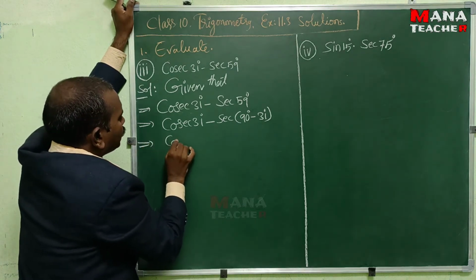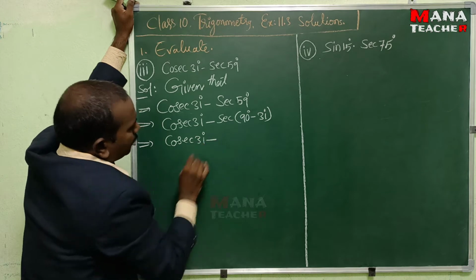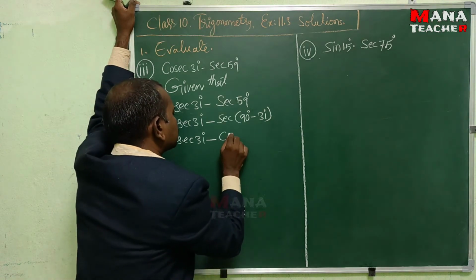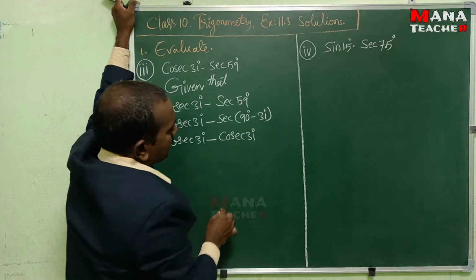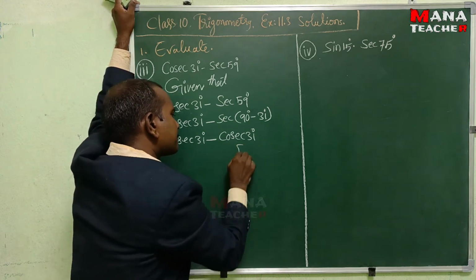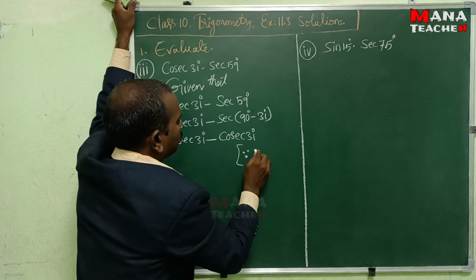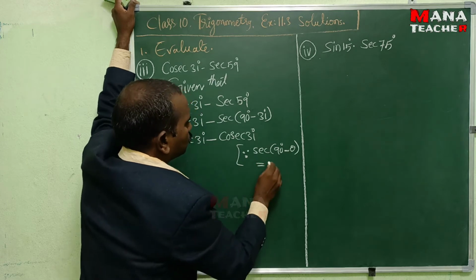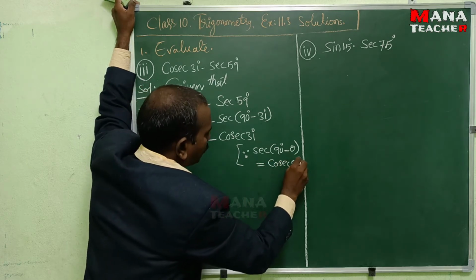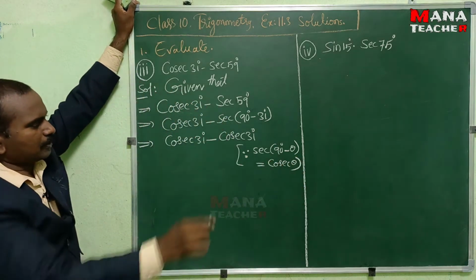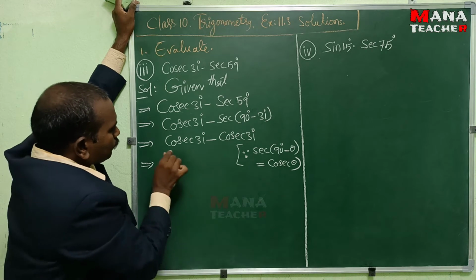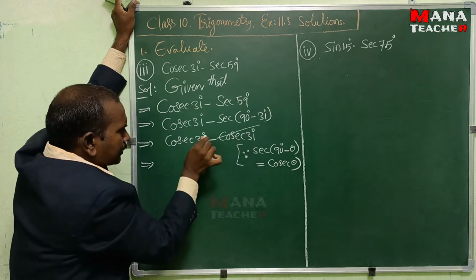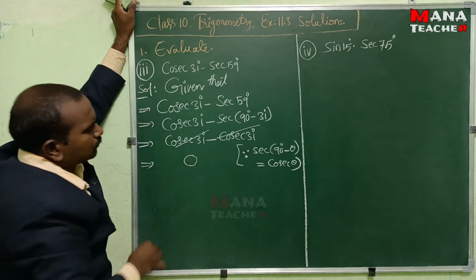Here cosec 31 degrees minus sec(90 minus theta), and sec(90 minus theta) equals cosec theta, so cosec 31 degrees. Here cosec 31 degrees minus cosec 31 degrees will cancel. So that equals 0.